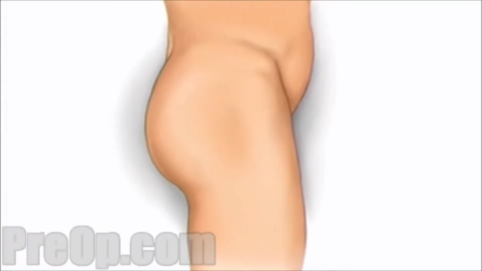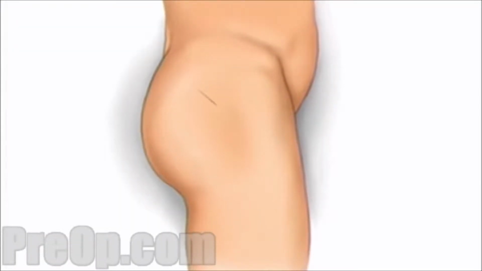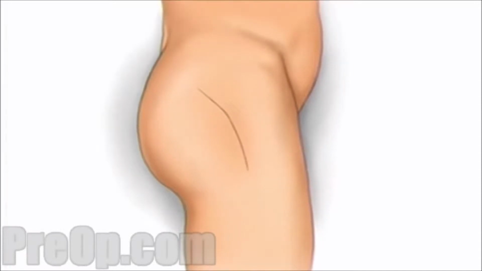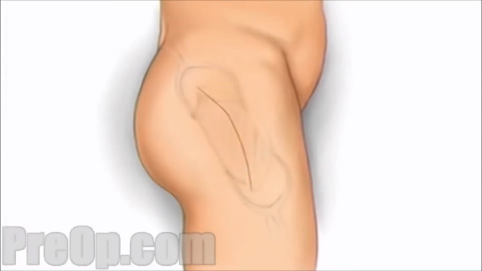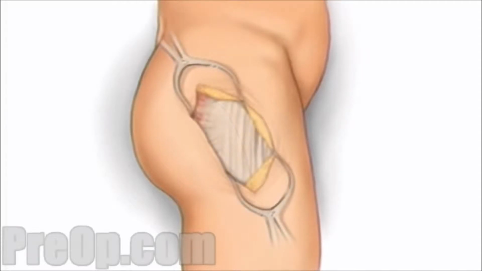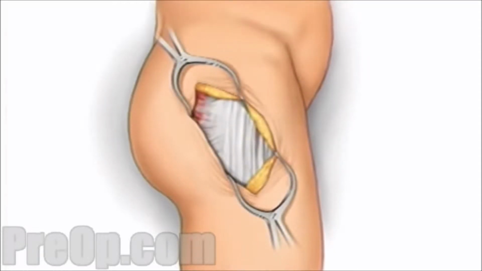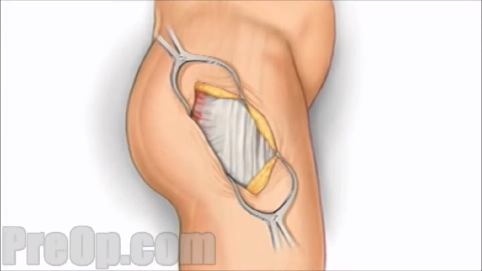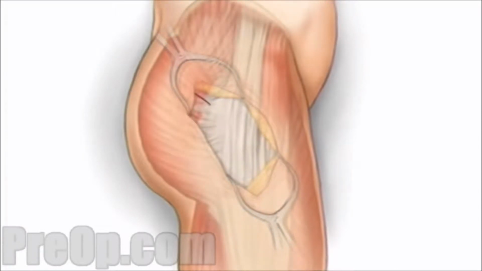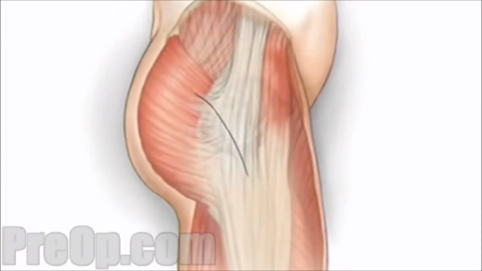Then, when you are asleep, the surgical team will make an incision over the hip and along the thigh. The team will pull the skin aside to reveal the muscle tissue below. They will then make another incision to reveal the hip joint.